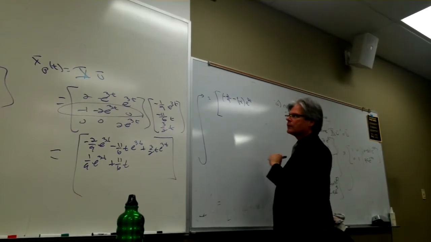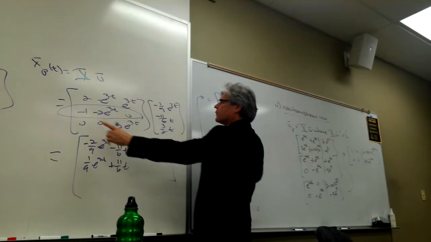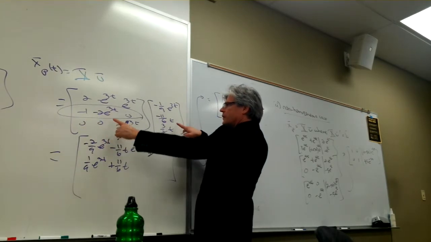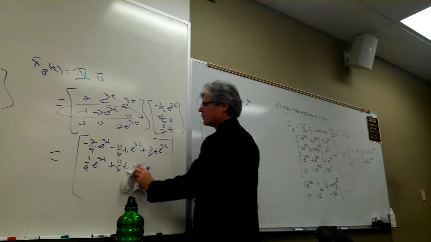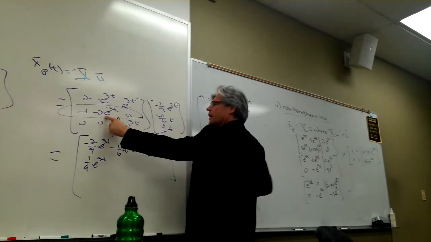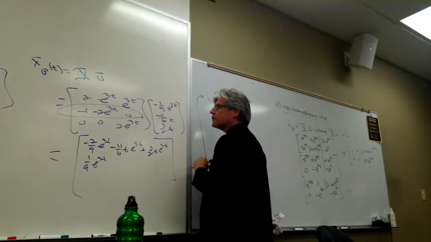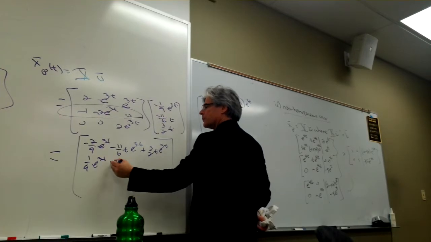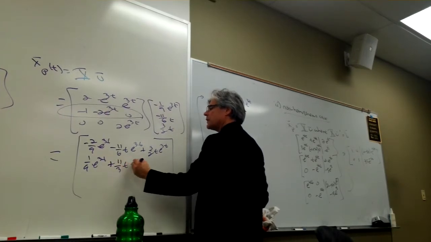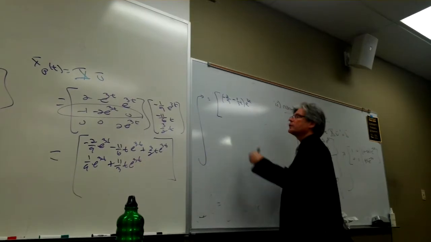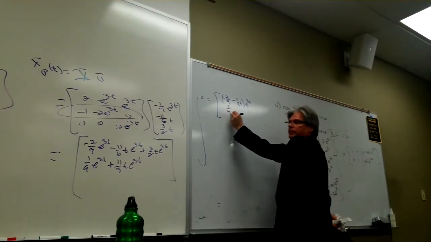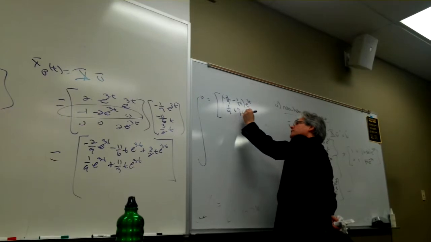So this times this, plus this times this. My apologies, I just forgot to multiply by 0. So multiplying these two entries, is that a positive 11/3 t e to the 3t? So I guess there's no simplification here. 1/9 plus 11/3 t.